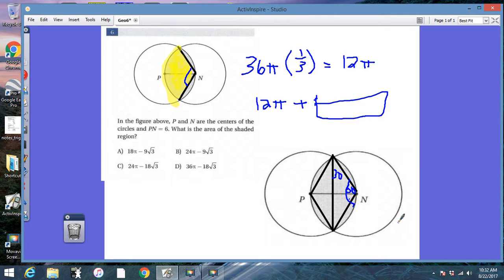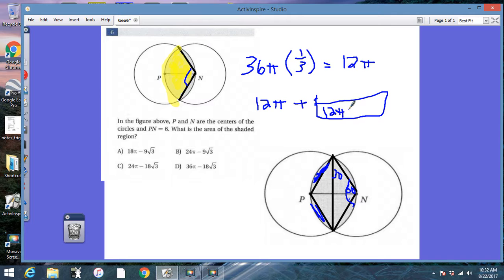To get two of these outside pieces, think of it as we could do our sector area again and subtract out the parallelogram, and then we would get two of these. So we're going to take our yellow area, and then take the yellow area again.